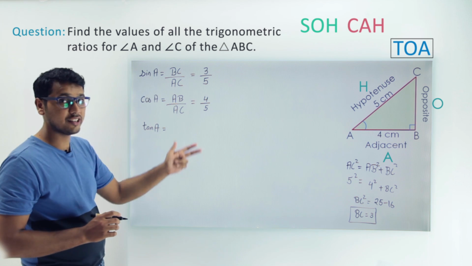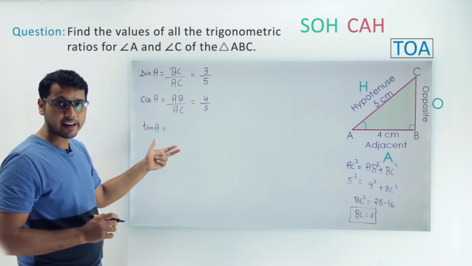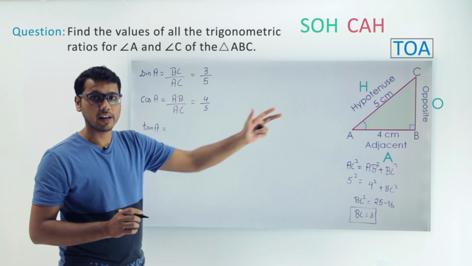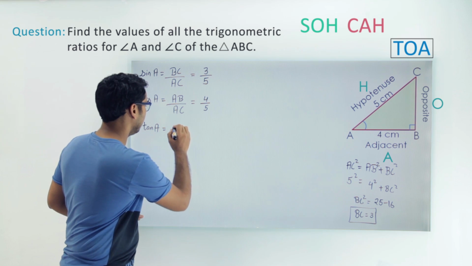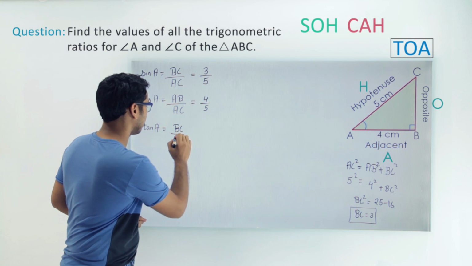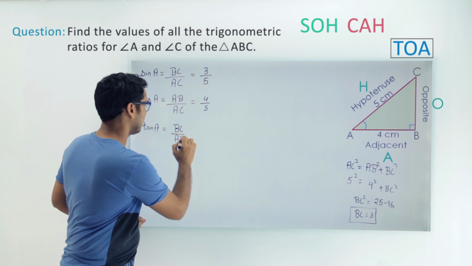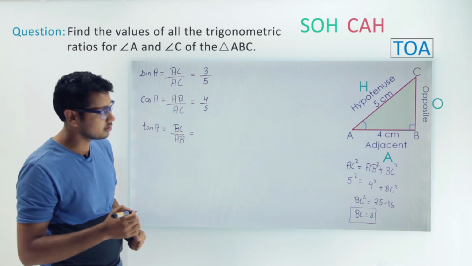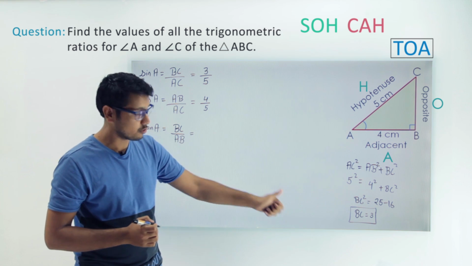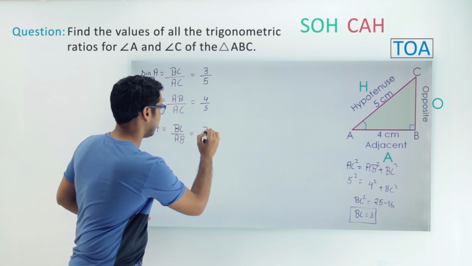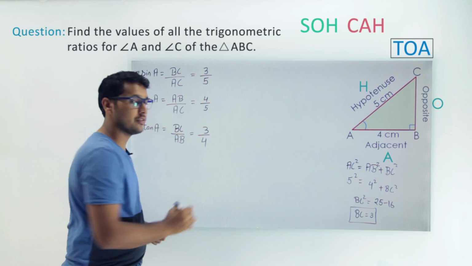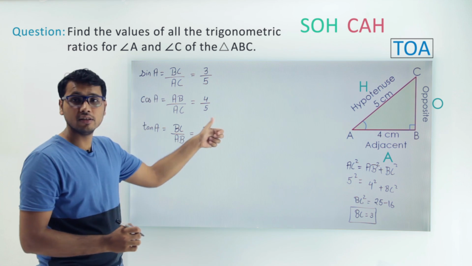So according to TOA, tan A will be BC upon AB. Putting the values, BC we had found out to be 3 and AB was given to us as 4. So tan A comes out to be 3 by 4.